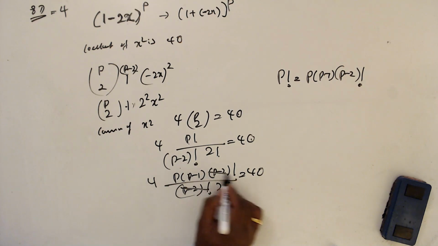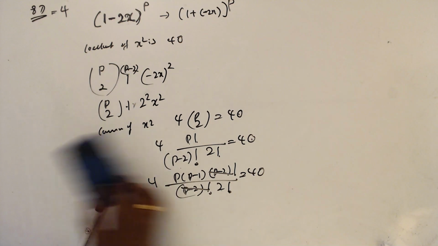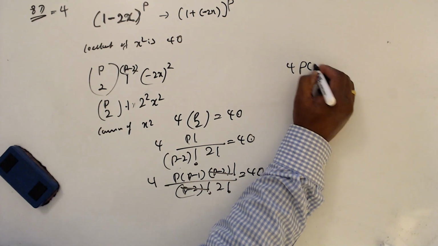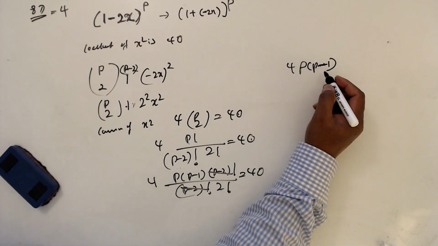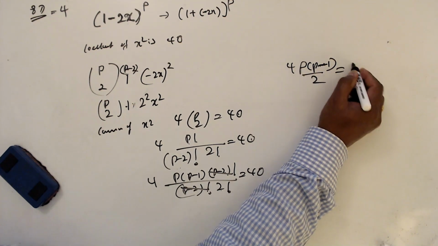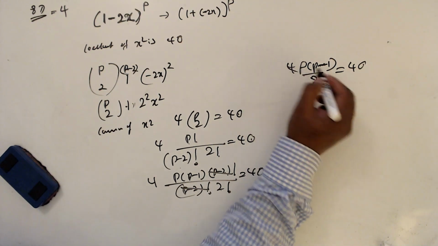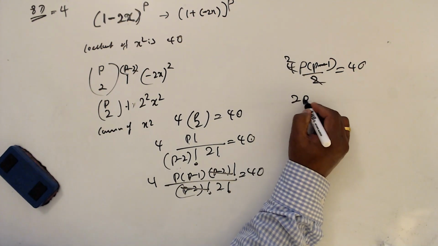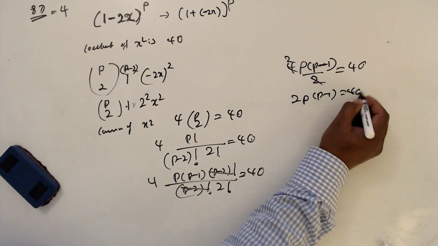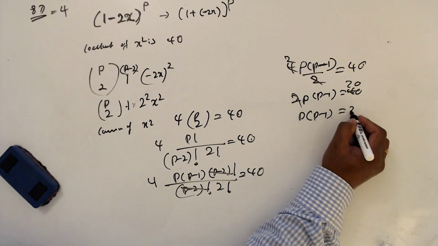So this cancels out, and this is going to be 4p times p minus 1 over 2 equal 40. And this cancels out to 2p times p minus 1 equal 40. This is 20. p times p minus 1 is 20.